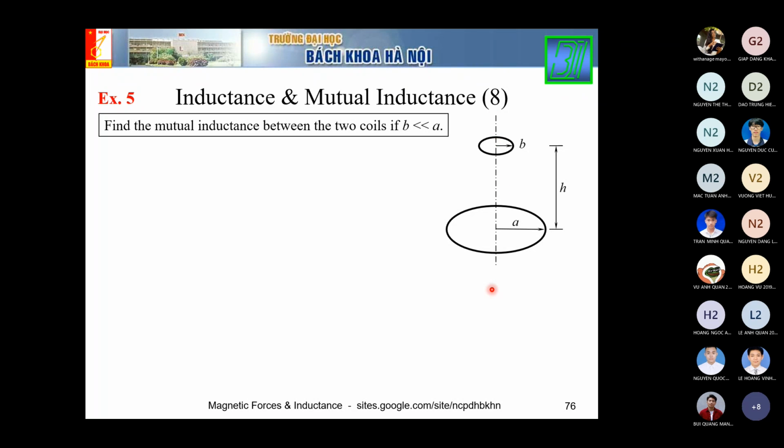The common axis here is perpendicular to both frames. The radii of the two frames are A and B respectively. Now we have to find the mutual inductance between the two coils, provided B is much smaller than A.